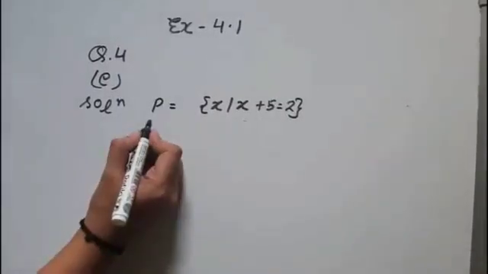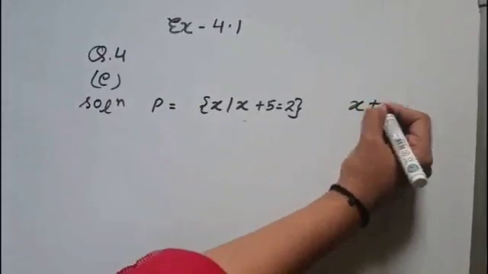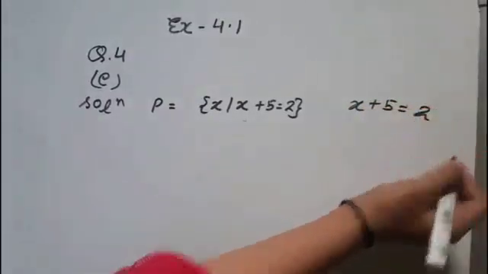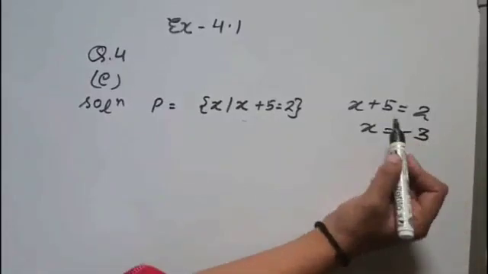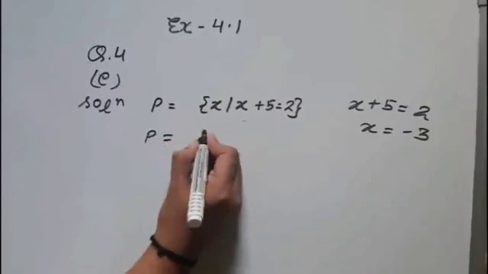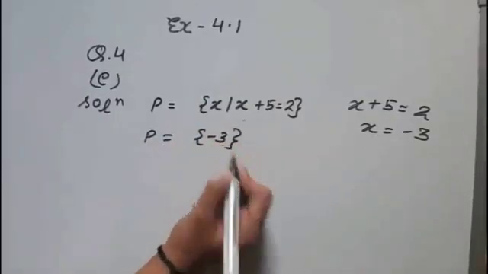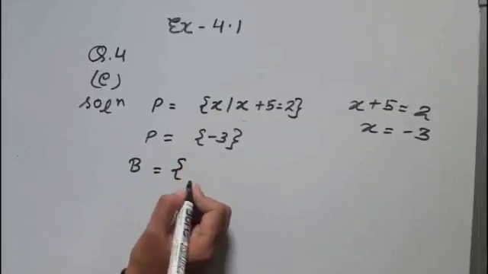Now question number 4, part E. We have one set P, x such that x plus 5 is equal to 2. So we have to calculate this equation, x plus 5 is equal to 2. So from here we will get x is equal to minus 3 by shifting this 5 to the other side. So this set P contains the element minus 3. And in set B we have integers between minus 9 and minus 1.